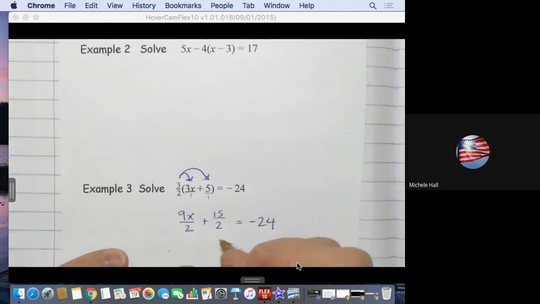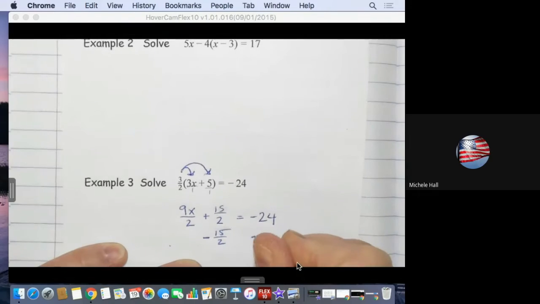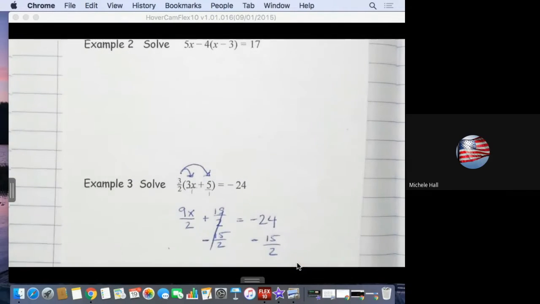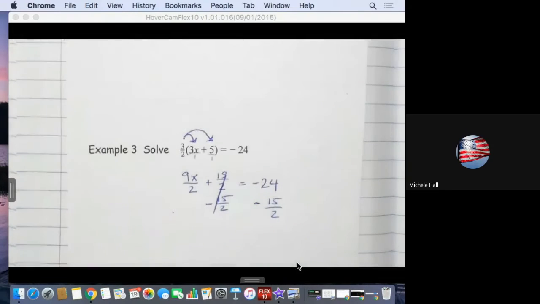The opposite of a positive 15 halves would be negative 15 halves, minus 15 halves to the right side. There's my 0 pairs. And now I'm adding fractions, 2 negative fractions.